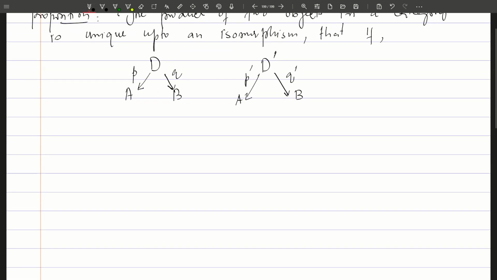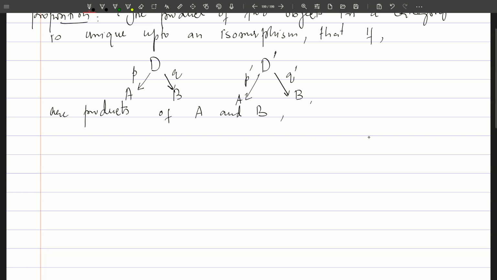So if D and D prime are two products of the objects A and B, then we have to prove D and D prime are isomorphic.